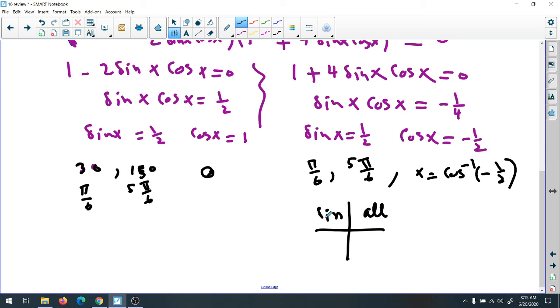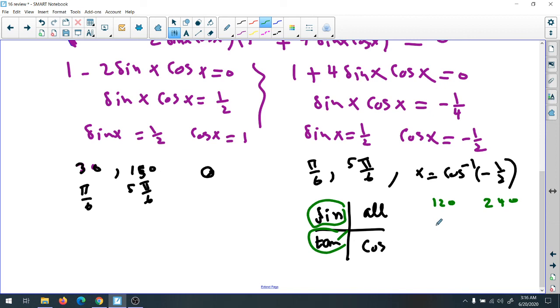Sine is positive, tangent is positive, and here cosine is positive. So cosine is negative in two locations, in second quadrant and in third quadrant. If you have 60 here, then it would be 180 minus 60, which is 120. And if you have 60 here, it would be 180 plus 60, which is 240.